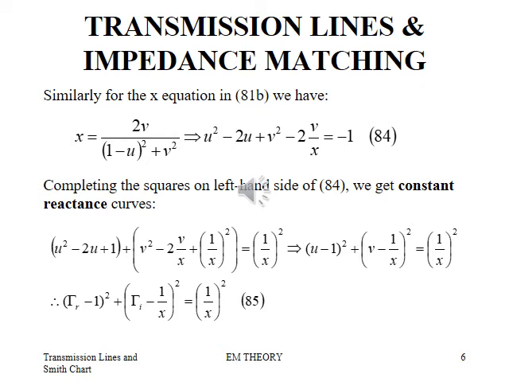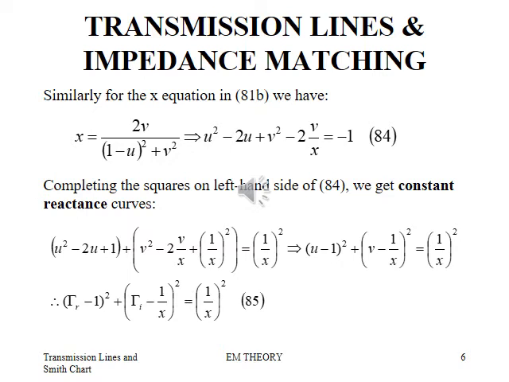Now, for us to complete that square, remember you have to add 1 over x squared to the left and to the right. So that to the left you have v squared minus 2 times v over x plus 1 over x squared. Then to the right you also have 1 over x squared. And therefore, you have (u minus 1) squared plus (v minus 1 over x) all squared is equal to 1 over x squared.